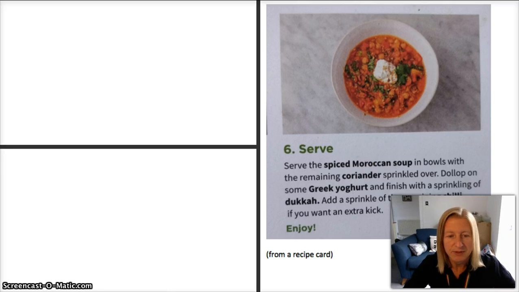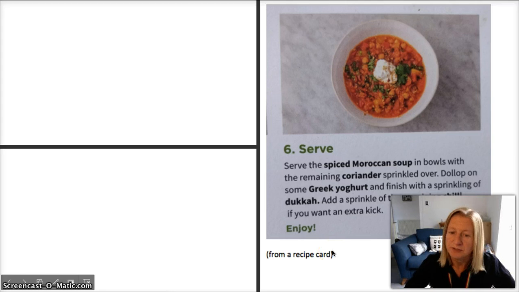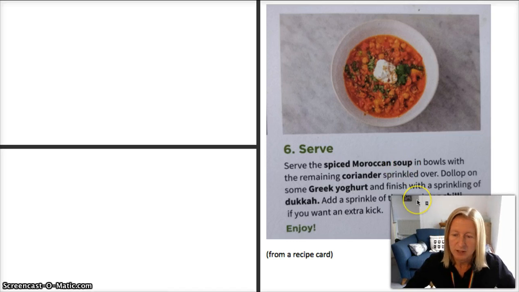And then if we look at some of the linguistic choices ourselves, we've got lots of modification. So we've got spiced Moroccan to modify the word soup. We've got lots of imperative verbs, as you'd expect from an instructional text. So things like serve and dollop, finish and add. And then we've got some quite informal choices if we're thinking about audience.